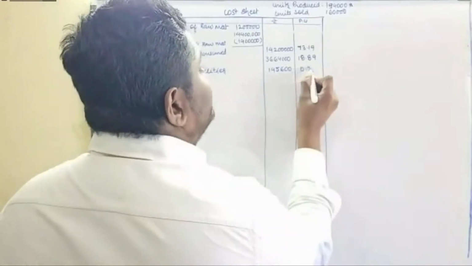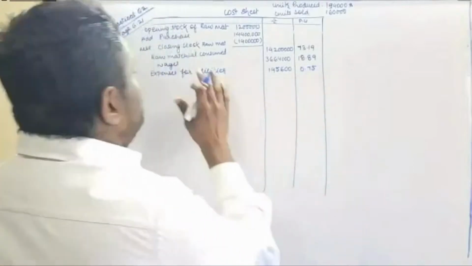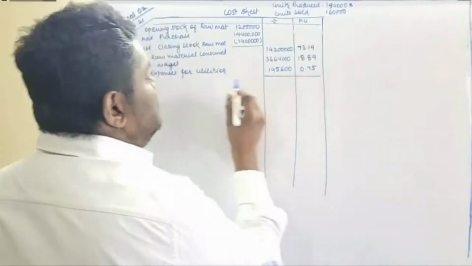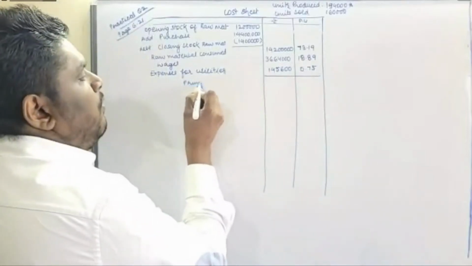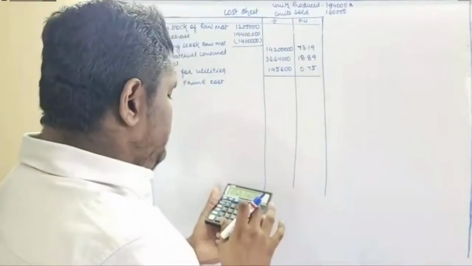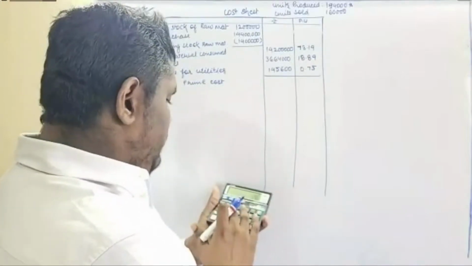So this will be 0.75. So the total of material plus wages plus direct expenses will be what? The prime cost. And the total of the prime cost will be 1,42 lakh.